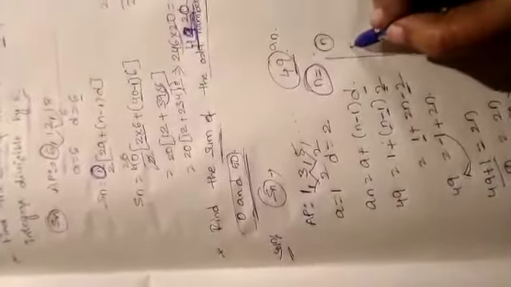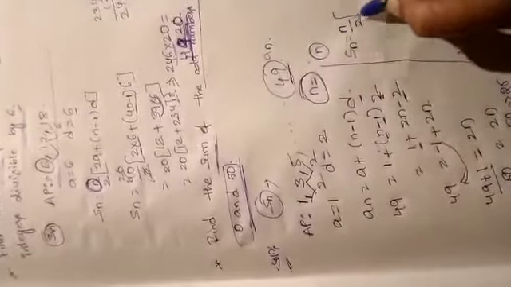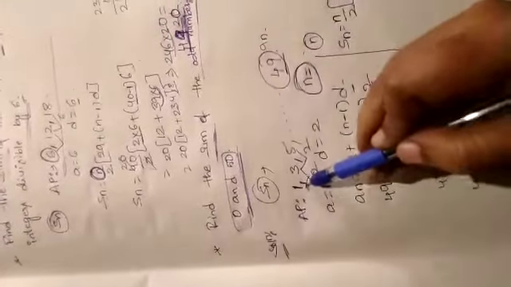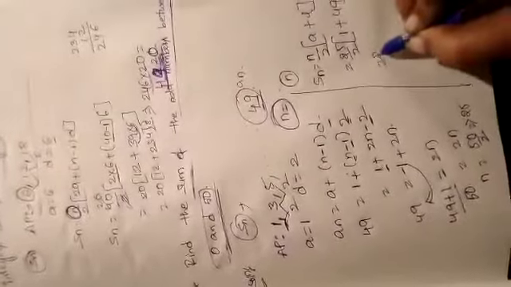So sum equal to n by 2 into first term plus last term, a plus L. So n equal to 25 by 2, first term 1, last term 49. 25 by 2, 1 plus 49 is 50. 50 by 2, 25. 25 into 25. 5 5 is 25.